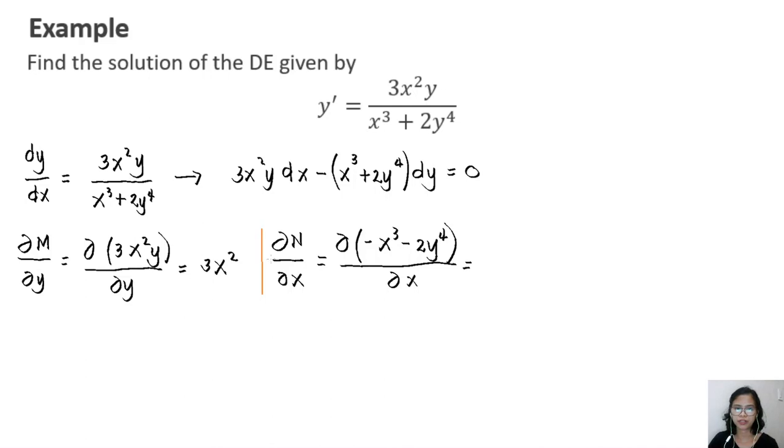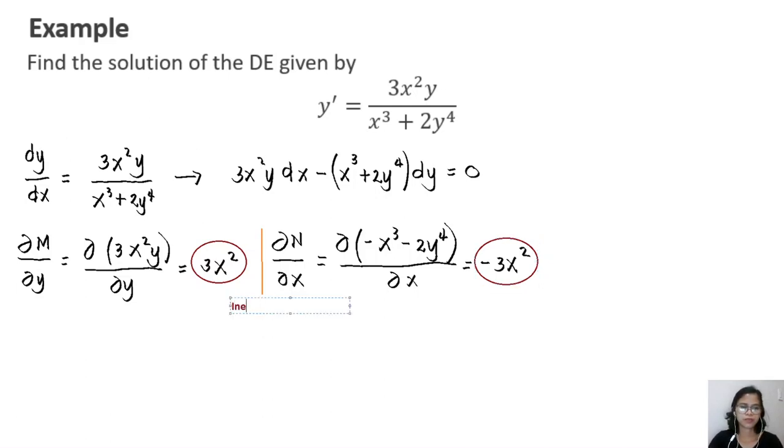What is the derivative of negative x cubed? That is our rule for differentiation, negative 3x squared. And since y is considered constant, the derivative of a constant is just 0. So our partial derivative of M is 3x squared, while the other one is negative 3x squared. That is still considered inexact.